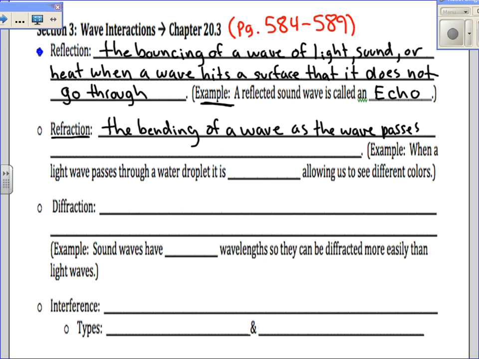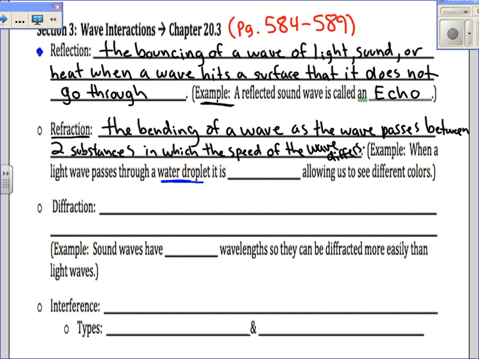An example of this is when light passes through a water droplet.